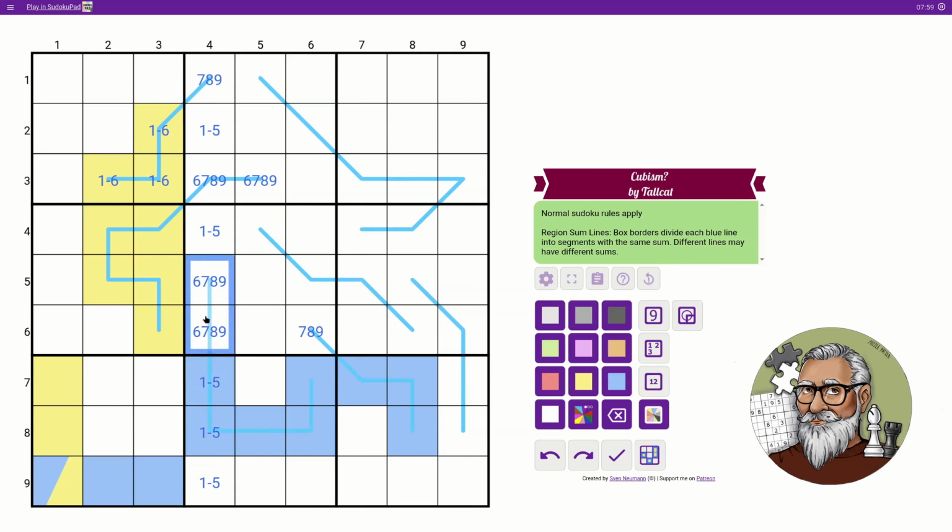I can take away the 6 from here, right? Because the 6 is a maximum of 15. Ah, that is very interesting. I can take away the 6 from here, because if we put 6, then it has to be a 9, 6, and this would have to be 1, 2, 3, 4, 5. And that's obviously not possible.